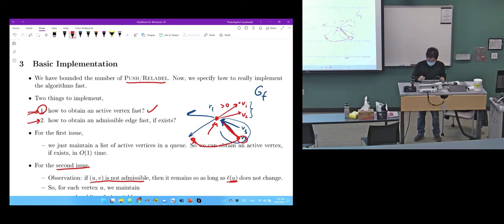Maybe if you actually increase its level to here, now the edge looks like this and becomes admissible, but if U doesn't increase its level, any non-admissible edge remains non-admissible.